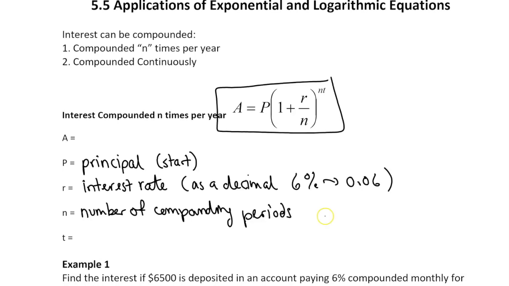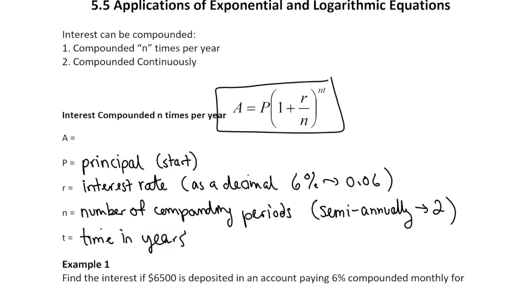But if you compound something semi-annually, then that would be saying that you have something happening twice a year. So your N would be 2. Think of the semi-annual sale that you see in stores sometimes. If you compound monthly, it would equal 12. If you compound weekly, it would be 52, and so on. And then T is going to represent the time in years.